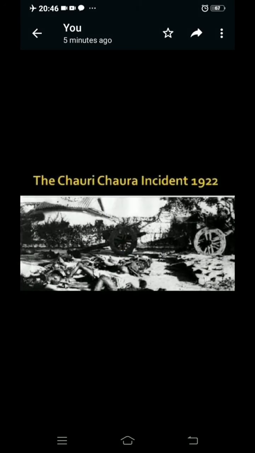The non-cooperation movement was a major setback for the government. The movement was later joined with the Khilafat movement and became a bigger problem for the British. Unfortunately, a violent incident took place in Chauri Chaura in Uttar Pradesh in 1922.